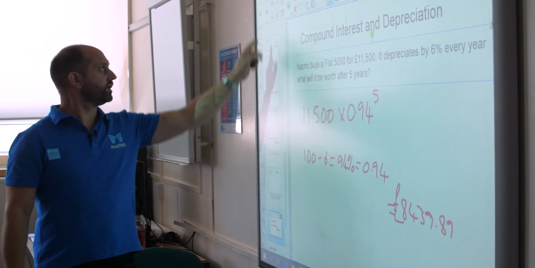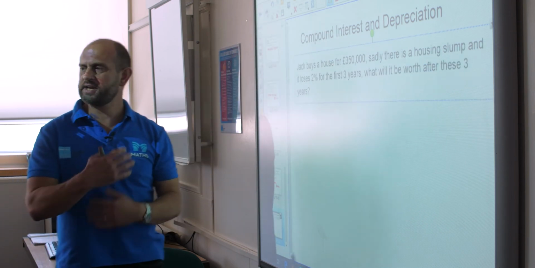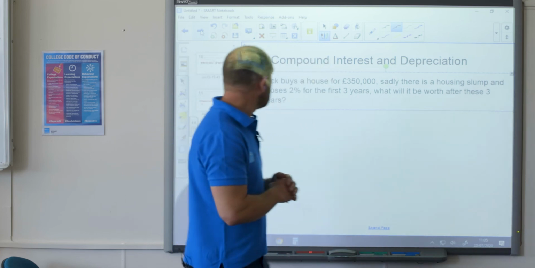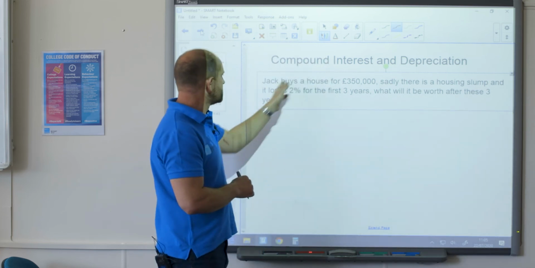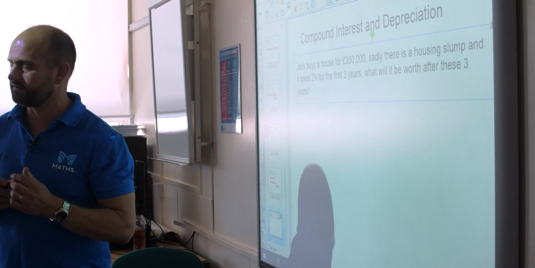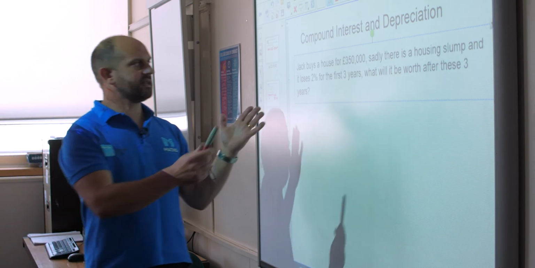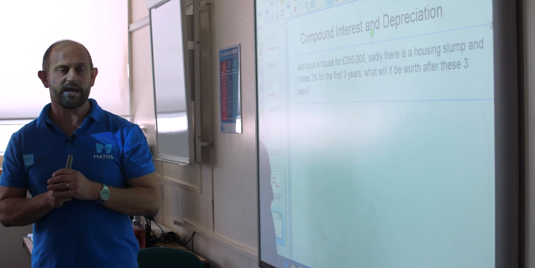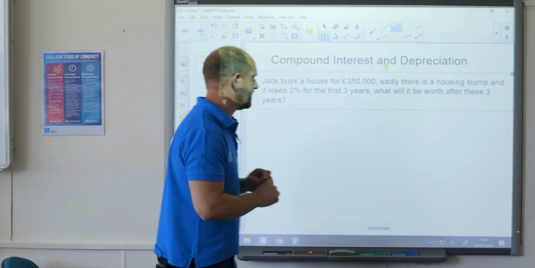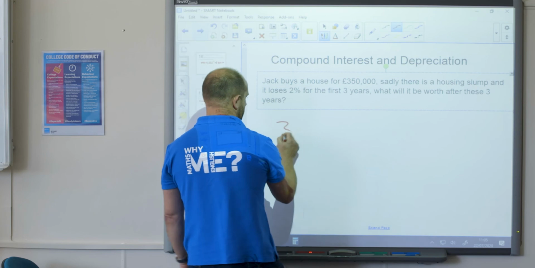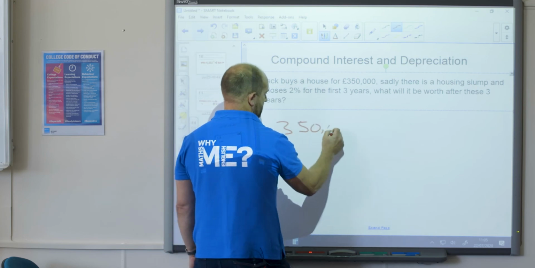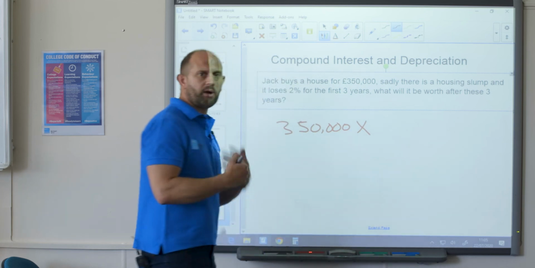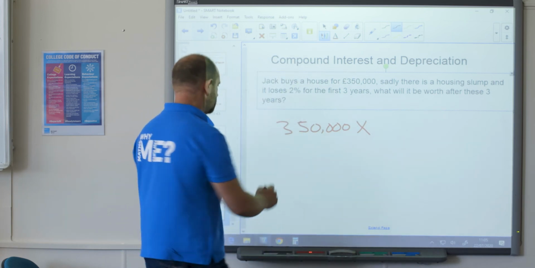Another type of question we could have is, instead of houses gaining money, sometimes they lose money when we have a housing slump or something like that. So here Jack bought his house for £350,000. Sadly, there was a housing slump and it loses 2% for the first 3 years. What will it be worth after 3 years? So again, we've got the value of Jack's house, and then we're going to multiply it by our multiplier, so depreciation.